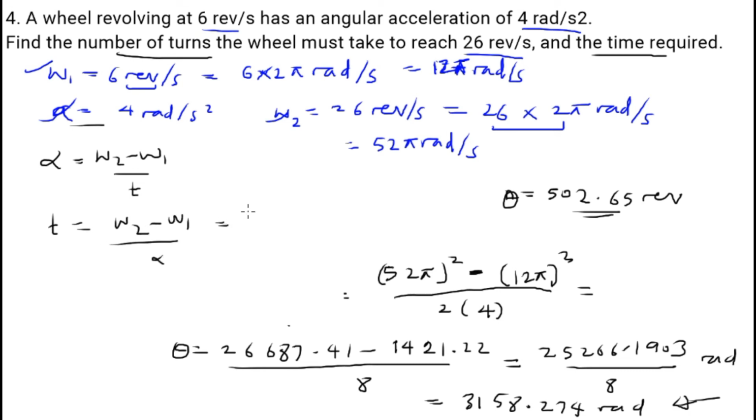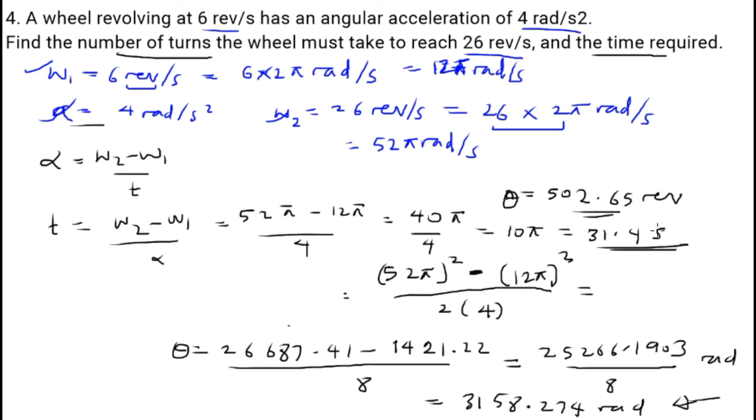That's 52 pi minus 12 pi upon 4, which is 40 pi upon 4, the same thing as 10 pi. 10 pi is the same thing as 31.4 seconds. So this is the seconds, and that's the time taken. So it's as simple as that.